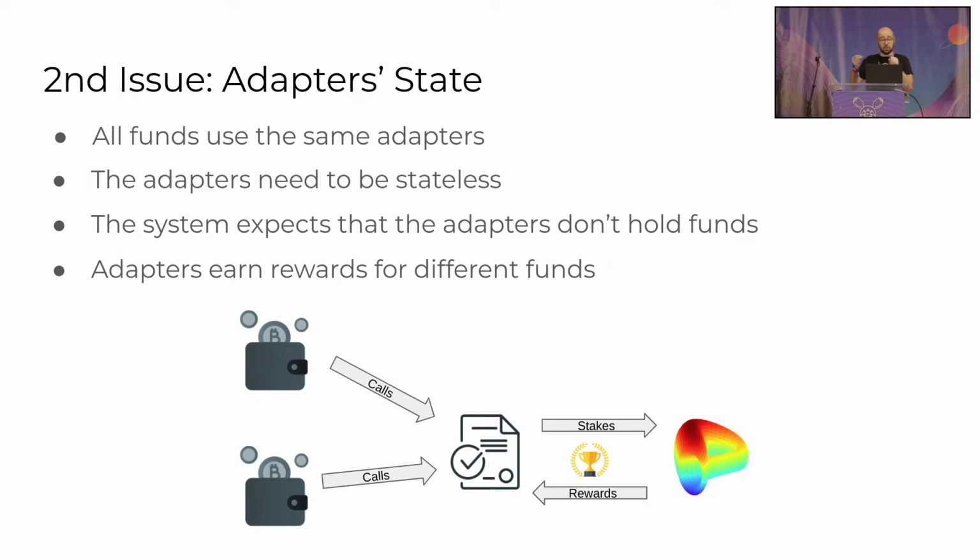Another really important point is that sometimes people forget that the adapter might end up in a state where it is not expected by the protocol. For example, the adapter might end up holding some funds. And if this is not expected when we implement the protocol, then the adapter might be useless, or maybe the internal accounting might be wrong.